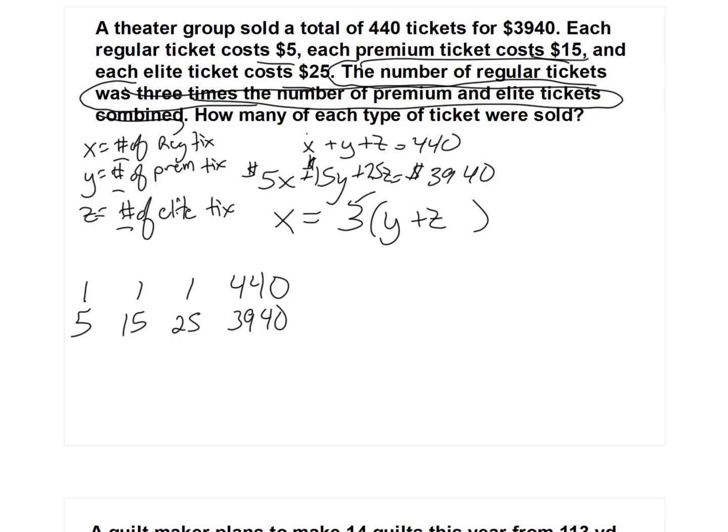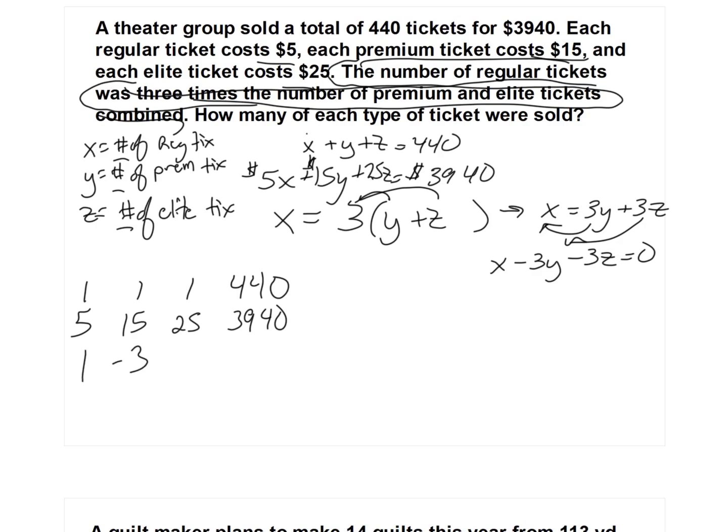It's my third equation that I'm going to have to manipulate. So that's going to turn into x equals 3y plus 3z. And I need to move these two over to get it to look like the rest of them. So now my coefficients become 1, -3, -3, and 0.